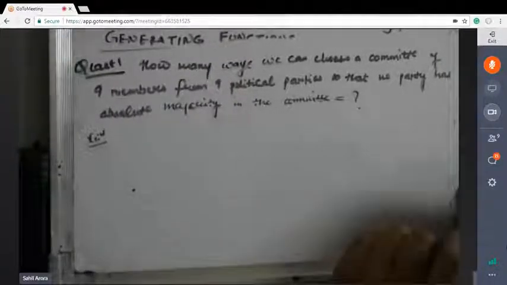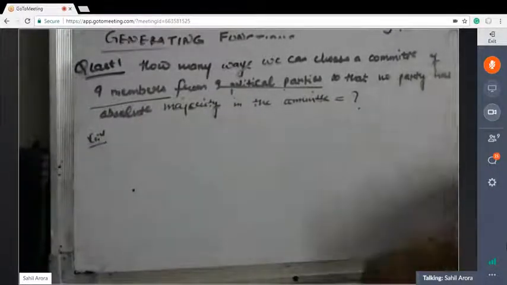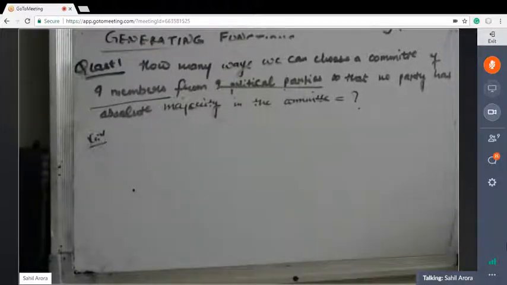So the question says 9 members from 9 political parties. Okay, so first of all, we need to decide how many parties we form. So first we form 3 parties, right?